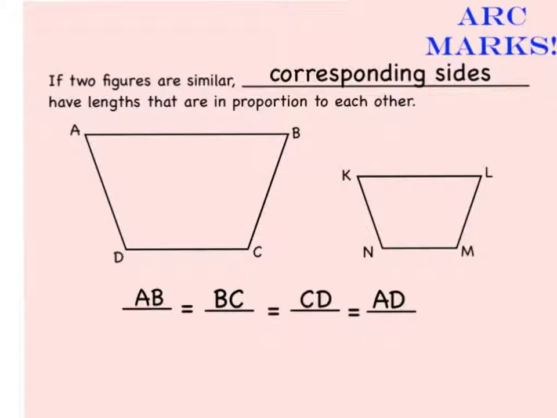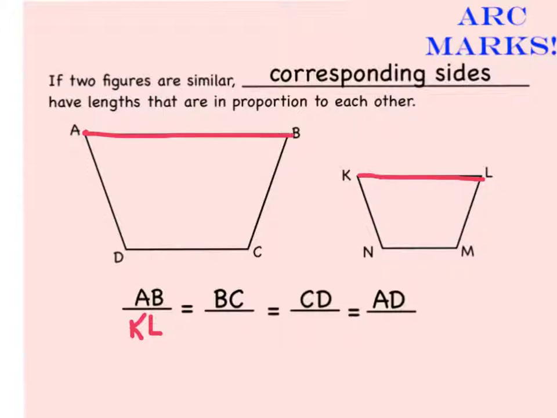Now remember that corresponding means the pieces that have the same position in the different figures. I'm going to start looking at side AB, and that side corresponds with side KL on my smaller figure. So AB and KL are corresponding, and we'll put them together in our proportion statement.